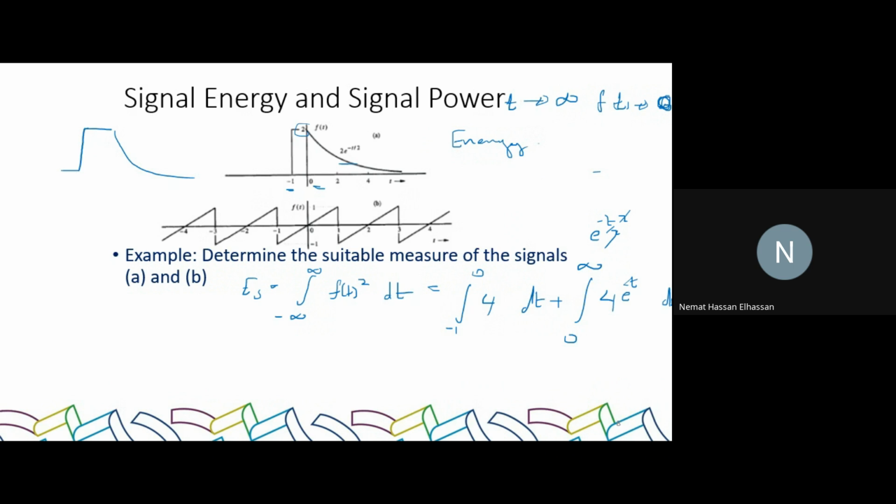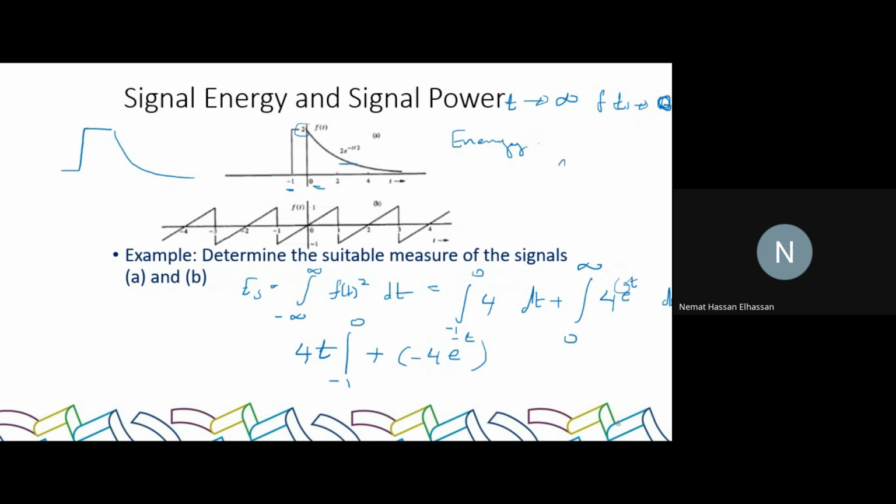So now we can integrate. The integration of a constant is t, so the integral of 4 is 4t, with integration limits between minus 1 and 0, plus the integration of 4e to the power minus t, which is minus 4e to the power minus t, right?